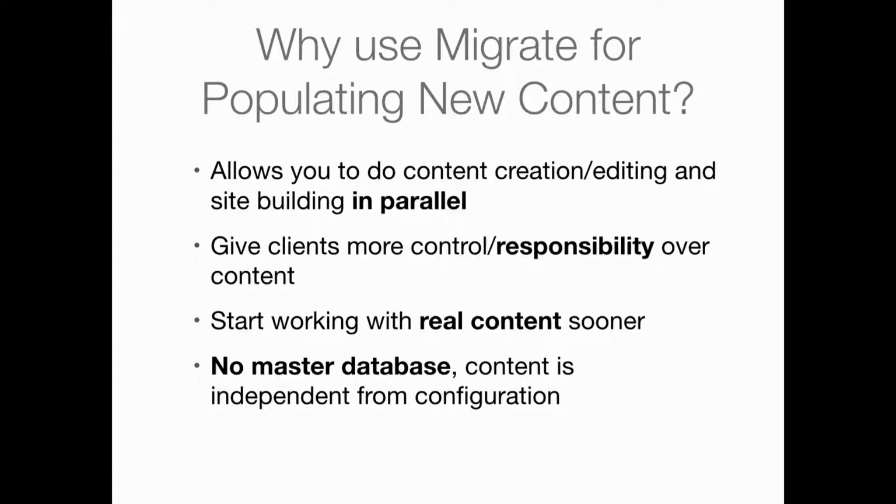And finally, one thing that we try to do at Evolving Web is when we launch a site, we try and have a deployment process for setting up that site. So we try not to have one version of the database that's the master version. Having your content completely separate from all the configuration of the site really helps with this.